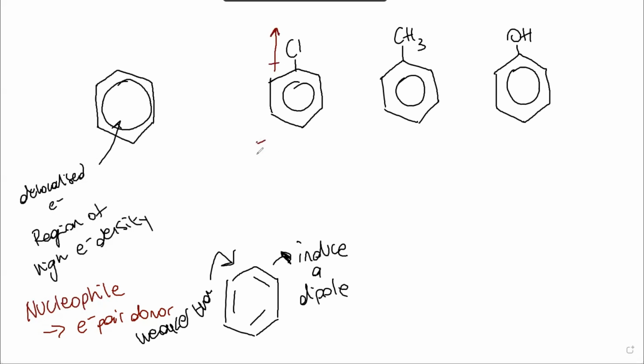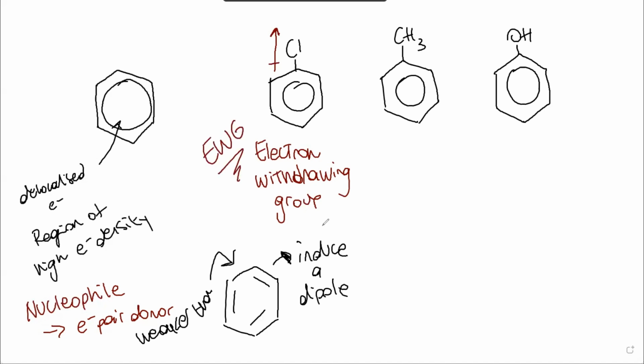So this is called an electron withdrawing group. It's very specific for these elements that have a higher electronegativity. So let's call it EWG, electron withdrawing group.